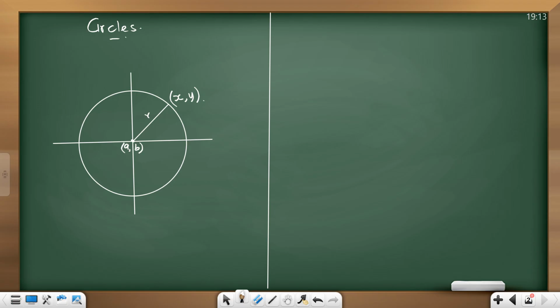So if I say the equation of a circle, watch this. It's basically using the distance formula. And you will be given this in the exam, so there's no need to stress. It is x minus a squared plus y minus b squared, and that is equal to r squared.